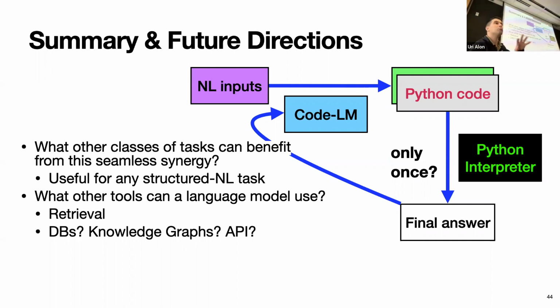So maybe a general purpose model can call a domain specific model only when needed. Or maybe a small model can process the input and call a larger model if it's not confident enough, or if the question is too complicated to be solved by the small model. So basically, all these compositions of models and tools are theoretically possible.